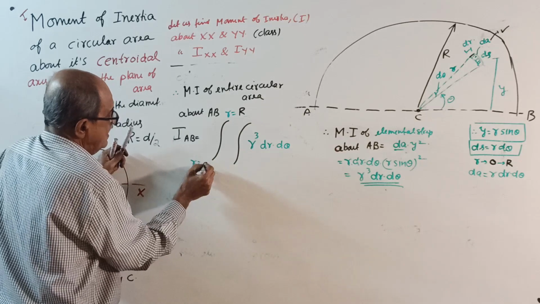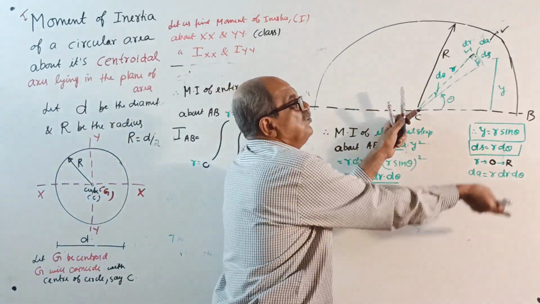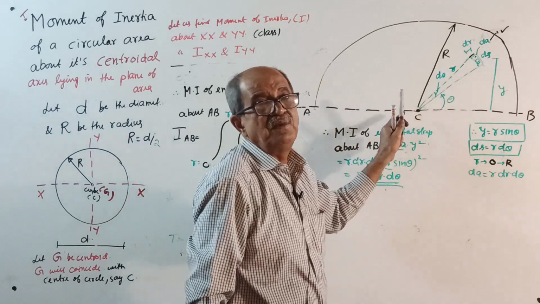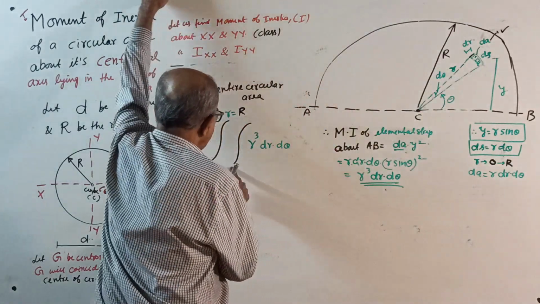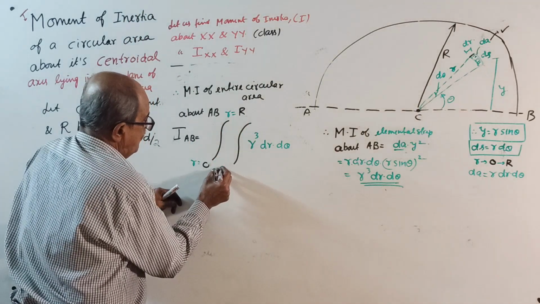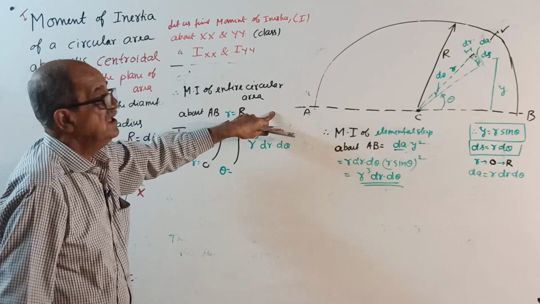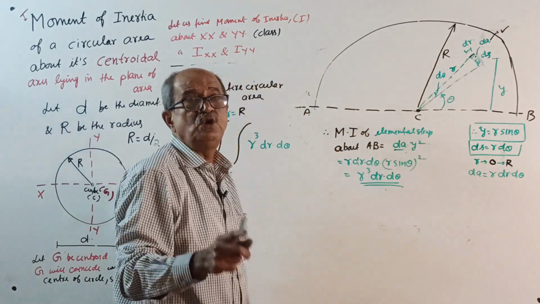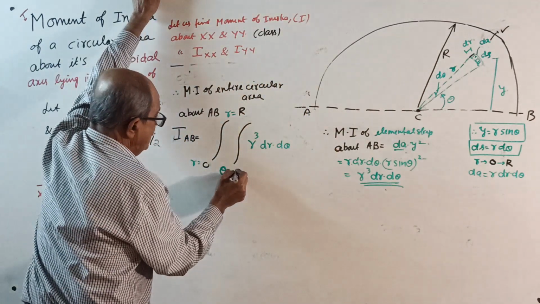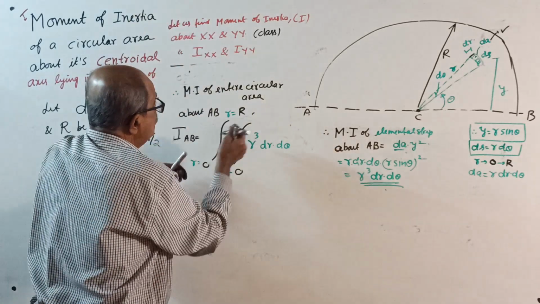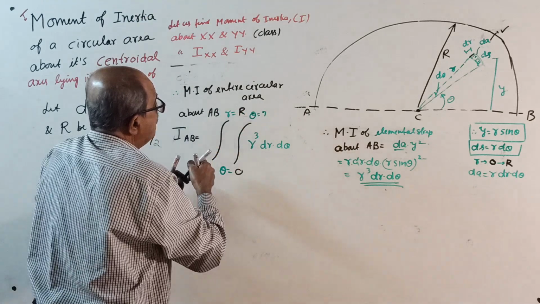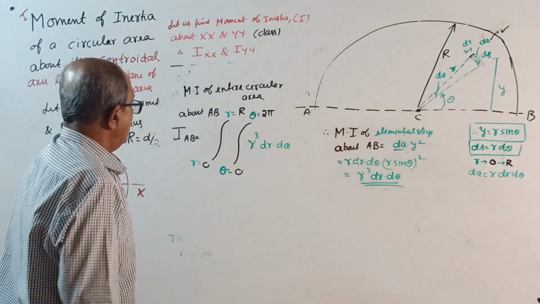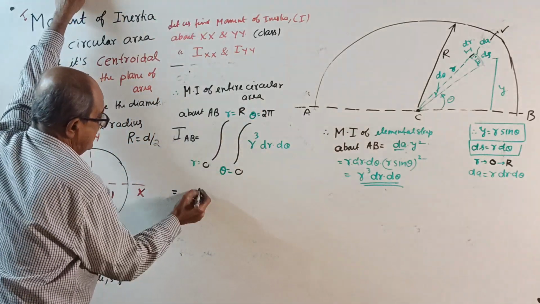This is permanent now, irrespective of full circle, semicircle or quadrant, the radial length varies from 0 to R. But theta varies, right now we are doing for a circle. One full round is called 2 pi radians, so theta varies from 0 to 2 pi radians.